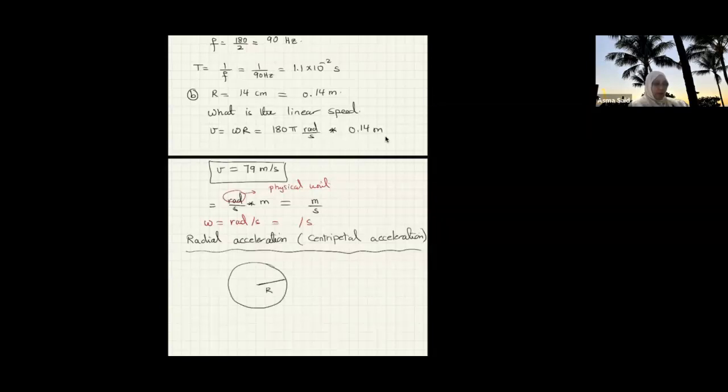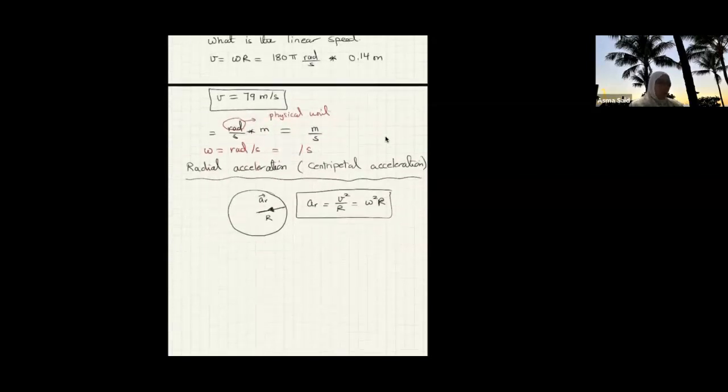This is the radius, and it is always towards the center. Its value can be calculated as v squared over r or omega squared times r. I told you so many equations in this chapter.